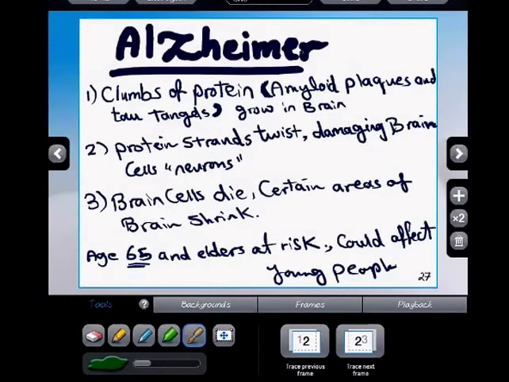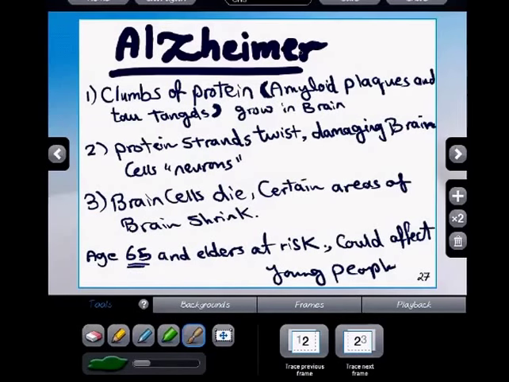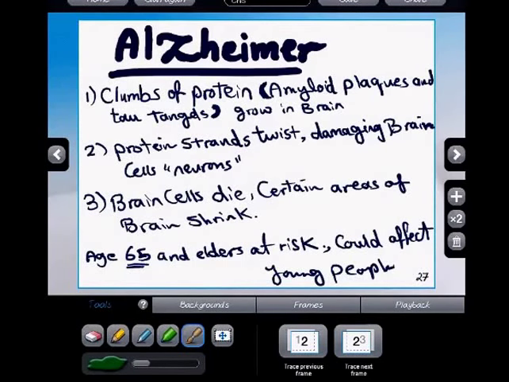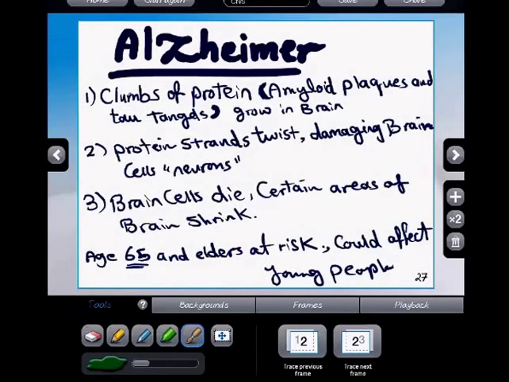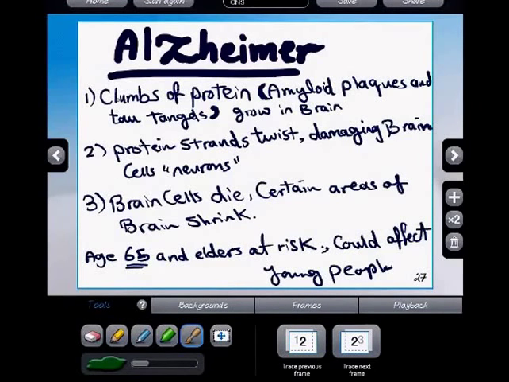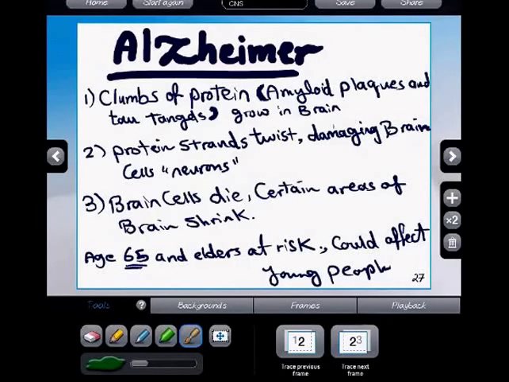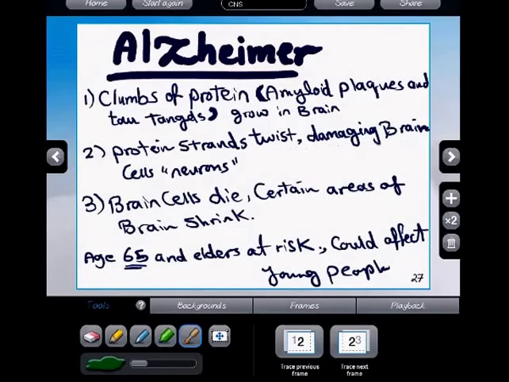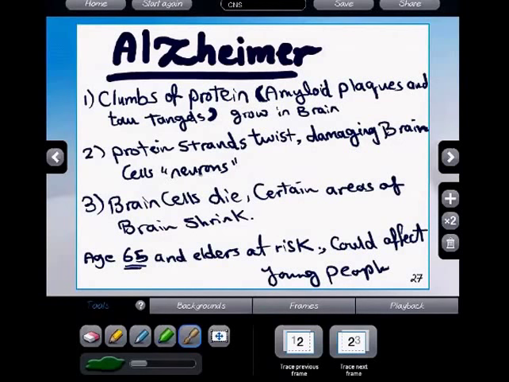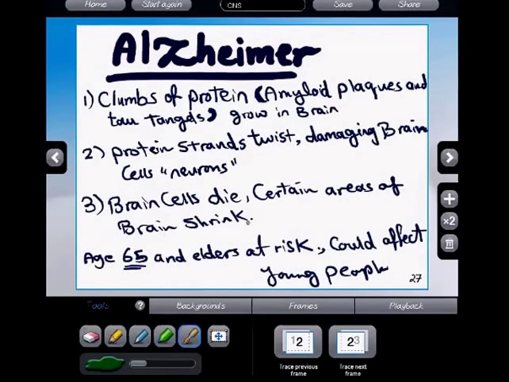The last disease in the central nervous system is Alzheimer's. In Alzheimer's, guys, there are clumps of protein, amyloid plaques, and tau tangles that grow in the brain. The proteins twist, damaging brain cells, neurons, and the brain cells die and certain areas of the brain shrink.